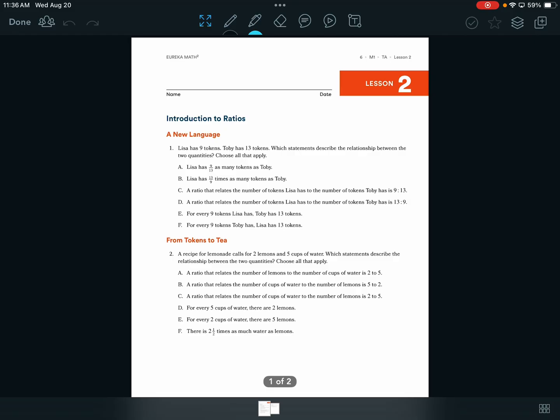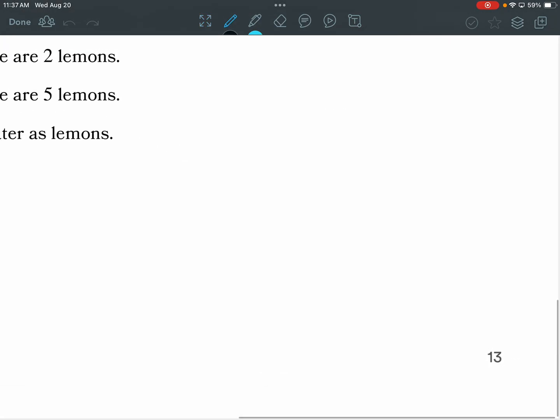Okay? All right. So we are starting a module about ratios. Module 1 is all about ratios and how you can apply ratios in your life. My example for ratios is on the board, and I'm going to have you write this example at the bottom of this page because there are 3 ways to write a ratio.